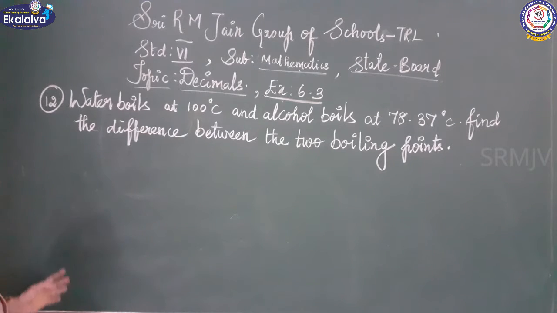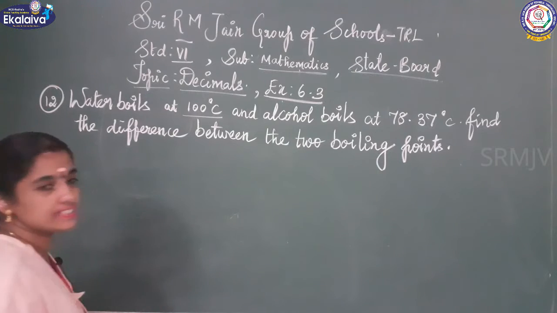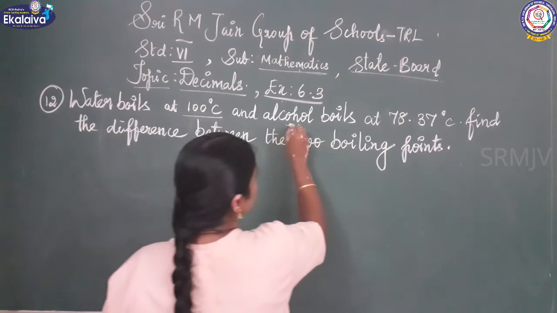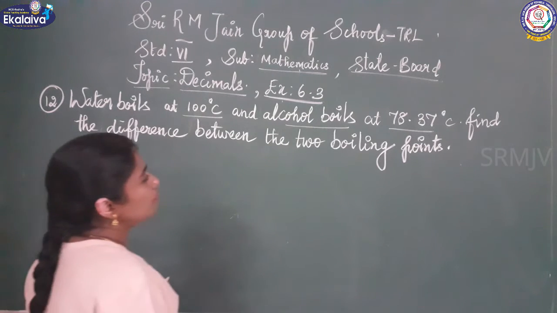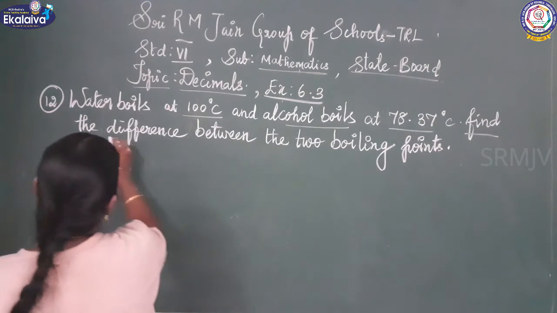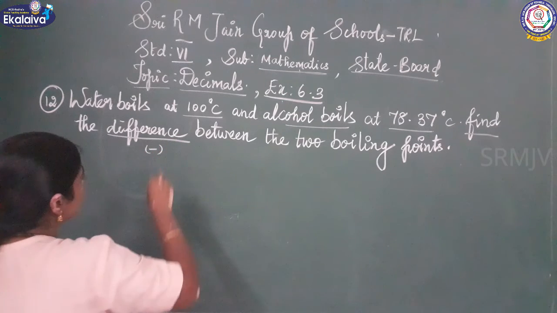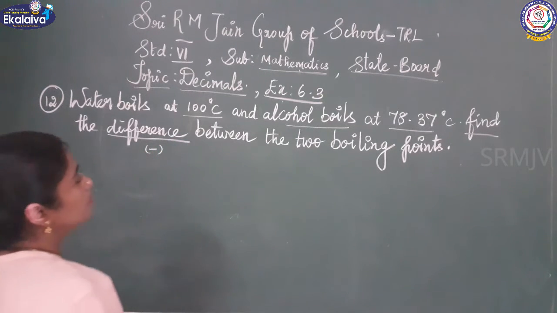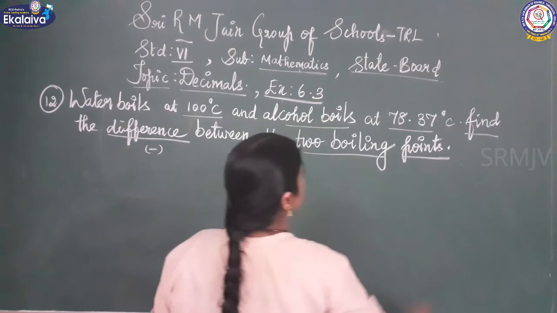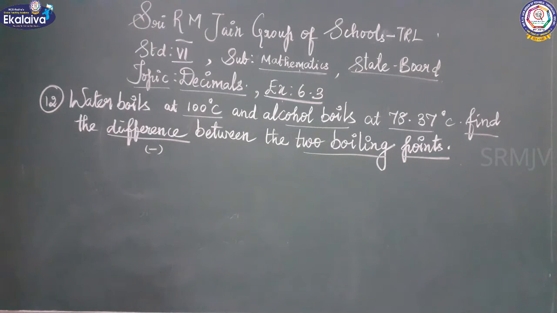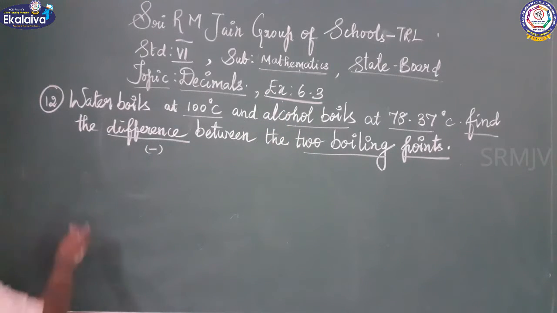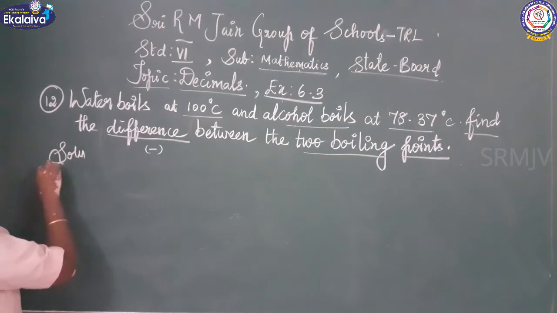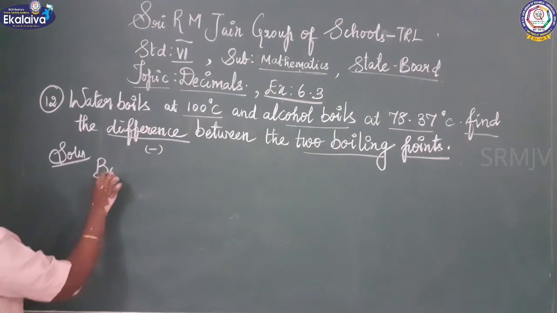Listen, children, 12th sum. Water boils at 100 degree Celsius and alcohol boils at 78.37 degree Celsius. I am going to find the difference. Difference means I am going to use a minus symbol between the two boiling points. Okay. Listen. How can I write the statement for this?